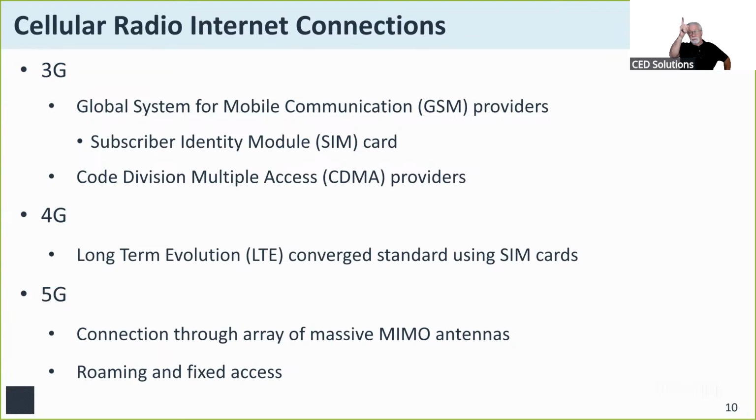And the cool thing is what I was about to say here. The combination of the satellite grids, the LEO satellite grids, and the land-based cellular towers is really starting to pay off, especially with the 4G LTE and the 5G, fourth generation, fifth generation cellular connections. So it's a hybrid mix.